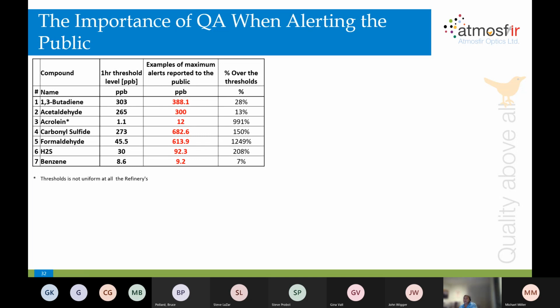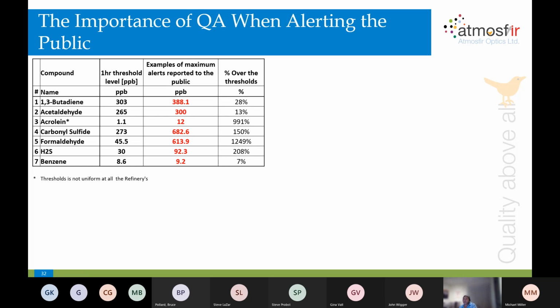I want to go back to the importance of quality assurance, because as you remember, we need to alert the public on a real-time basis. So when the system sees a high concentration, if it's valid, we need to report to the public and alert them. And I looked at a few of the alerts, at least for the first quarter and the second quarter, and you can see a list of examples on the table.